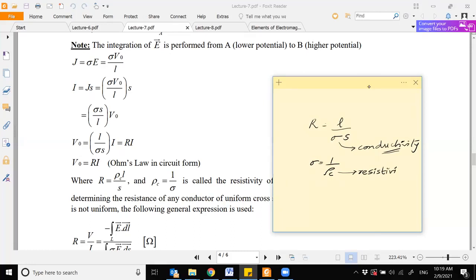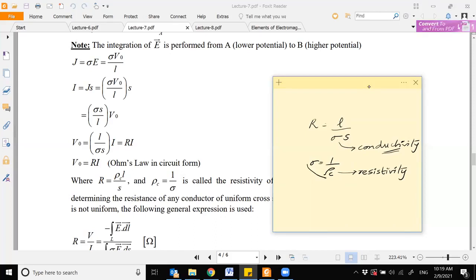Conductivity is the reciprocal of resistivity. Conductivity is a property of a material, and therefore resistivity is also a property of the material. This is how well it conducts the flow of charges, or how well it stops the flow of charges.